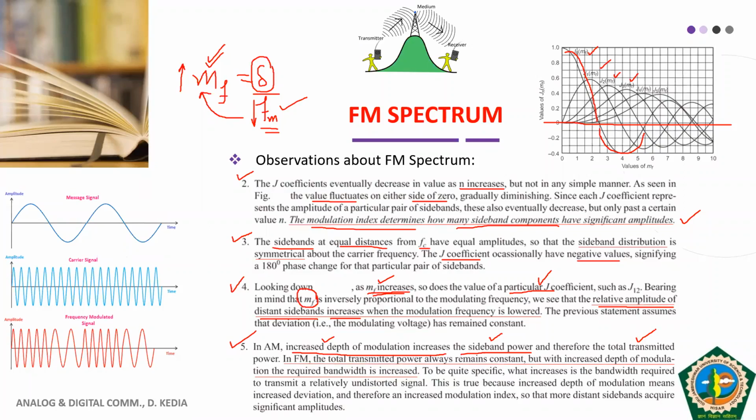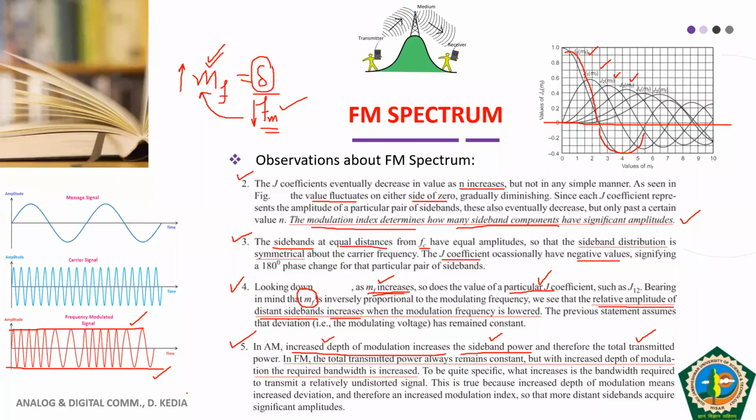But you have to remember one thing, that we have already talked about that in case of frequency modulated signal, the amplitude of carrier is constant. The amplitude of carrier is constant, only the frequency is changing.